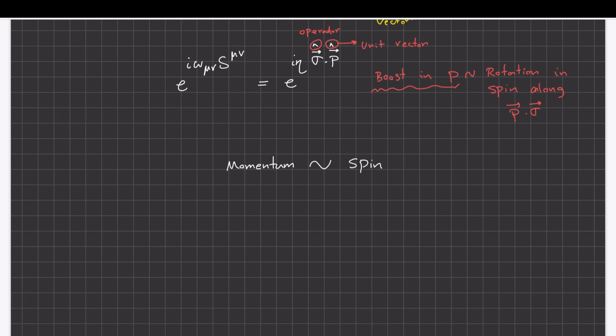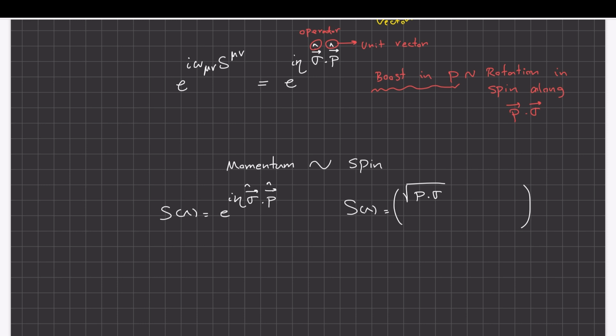So this is somehow the momentum and spin are interconnected. So when we are boosting the particle along some axis, at the same time it looks like that we are rotating it on the internal spin structure, and that's how the momentum or space-time is interconnected with the spin configuration.